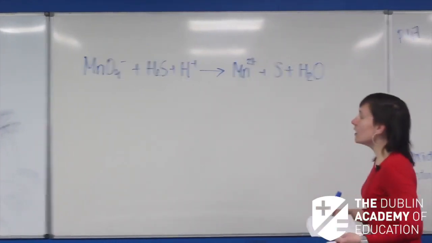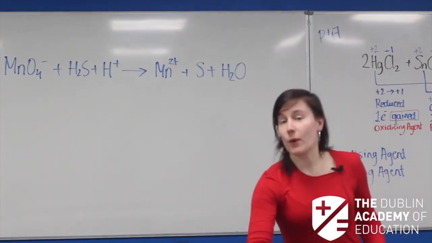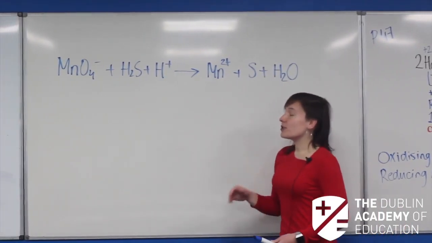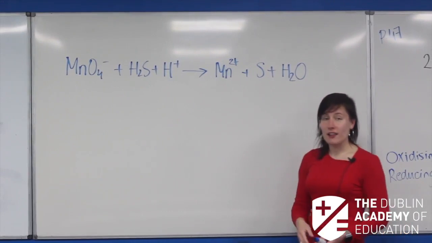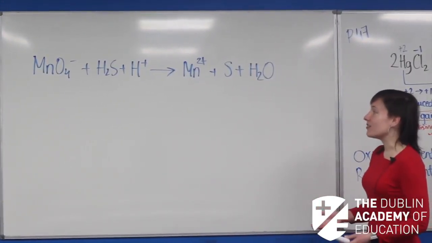What we're going to try and do here is balance this equation. As I said, that involves making sure that the electrons are balanced so that we have the correct number of electrons being lost and gained, and also that we have the correct number of atoms on each side.